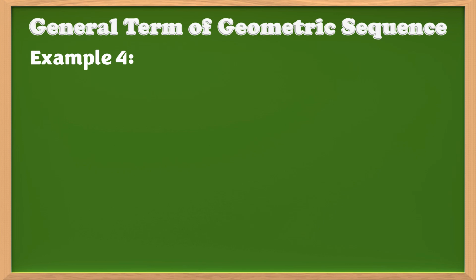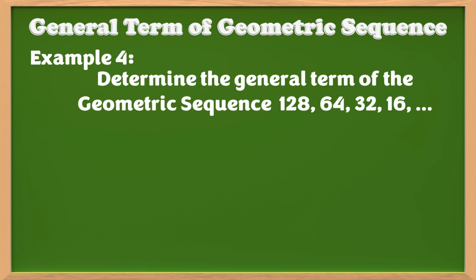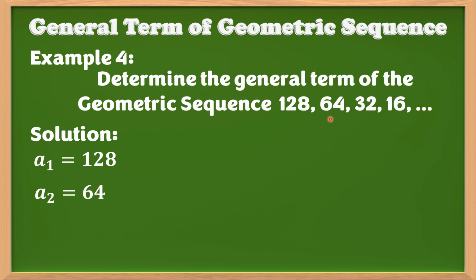For example number 4, determine the general term of the geometric sequence 128, 64, 32, 16, and so on. First, the first term of the given sequence is 128 and the second term is 64. Let us solve now for the common ratio, wherein r is equal to a sub 2 divided by a sub 1.